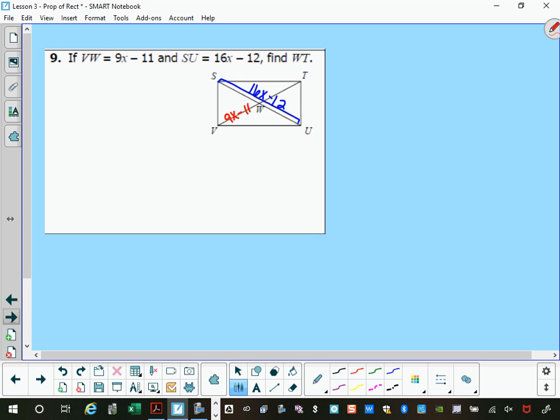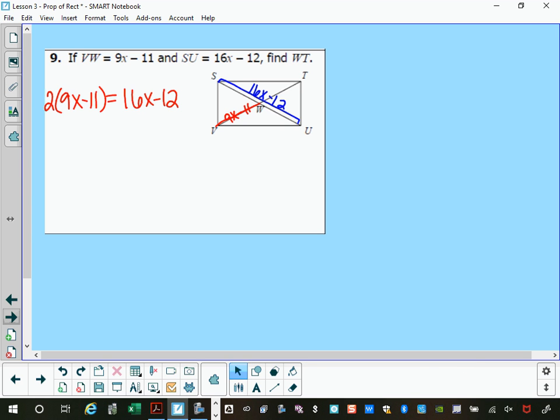Okay, so do you guys see that they gave us just this little bitty piece right there compared to the whole other diagonal, right? So I need 2 of these red pieces to equal 1 of my blue pieces. So we're going to do 2 times 9x minus 11 is equal to the whole other diagonal, 16x plus 12. What do you get for x?